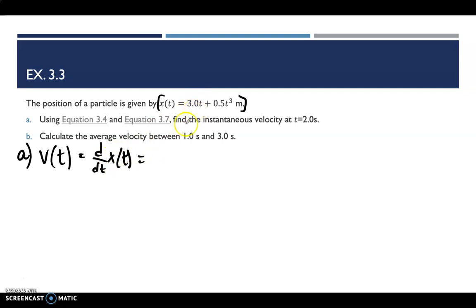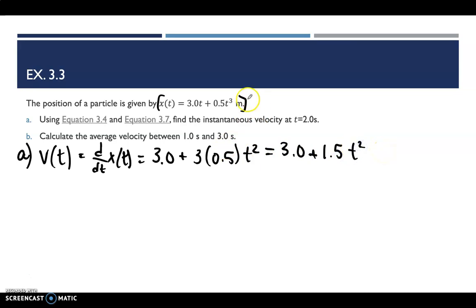This is going to be 3 plus, pull that exponent down, 3 times 0.5t. Now it's going to be squared instead. Or 3.0 plus 1.5t squared. And we're just going to remember the units are now going to be meters per second since it's a velocity.